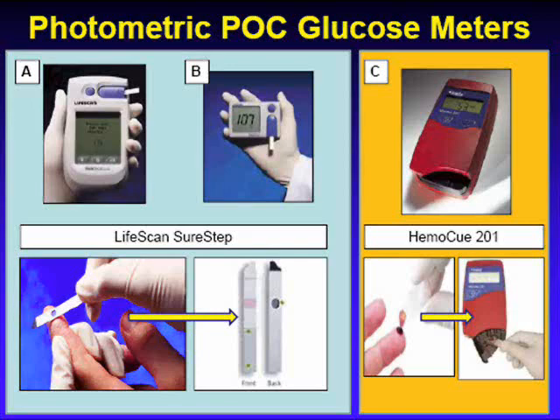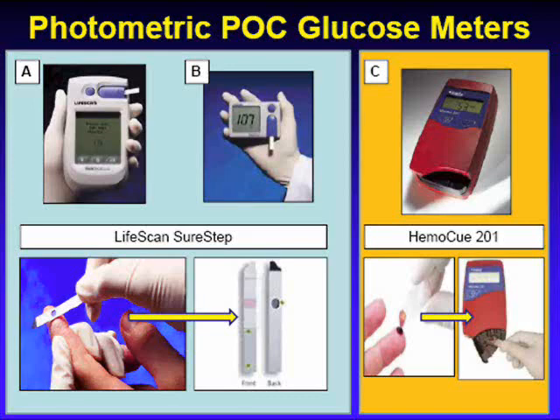On the other side of the test strip is a window where the reaction can change the color of that window to a darker blue, and the darker it gets, the more glucose there was to react with in the sample. And of course panel C, like I said previously, is the device that I showed, and it's the HemoQ 201.